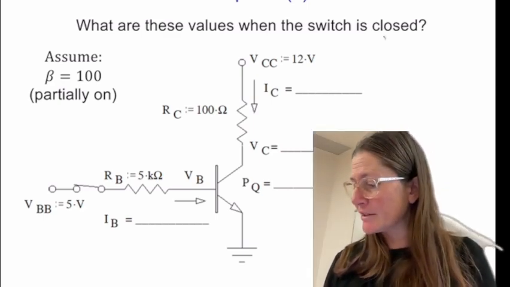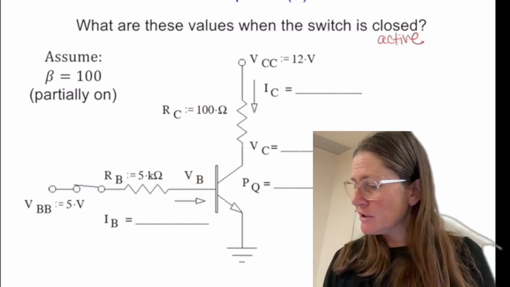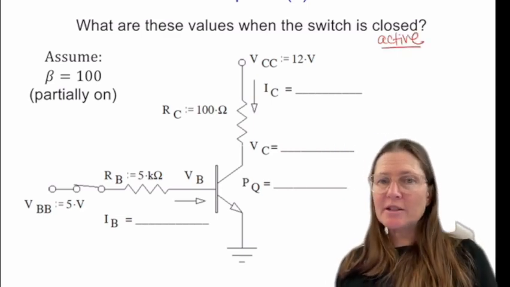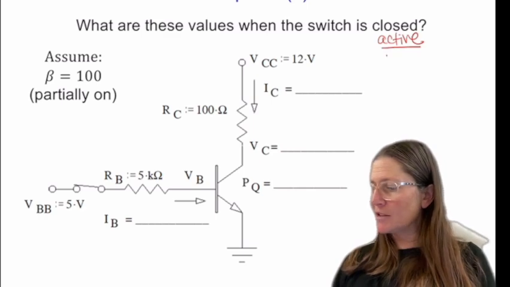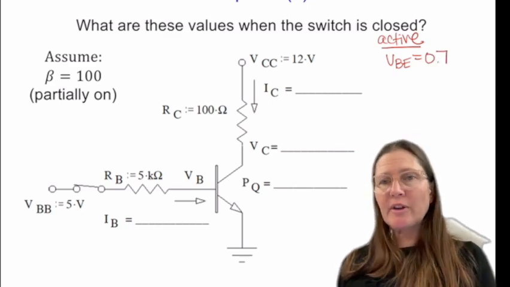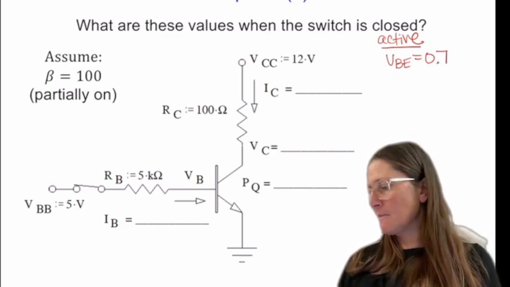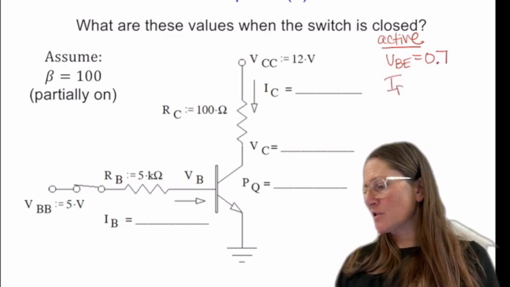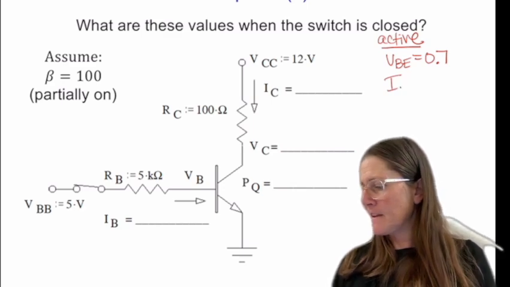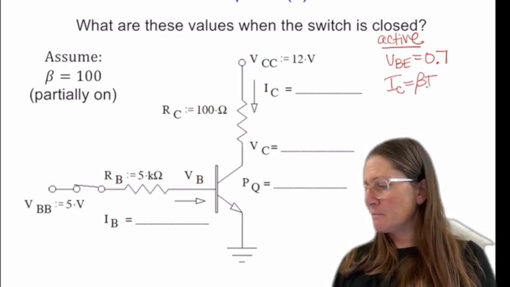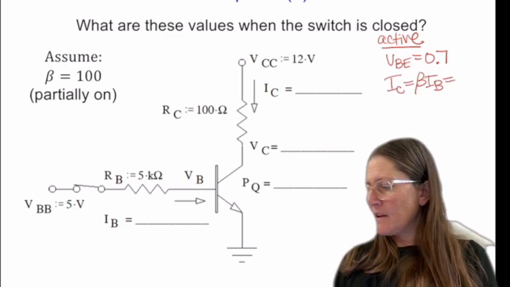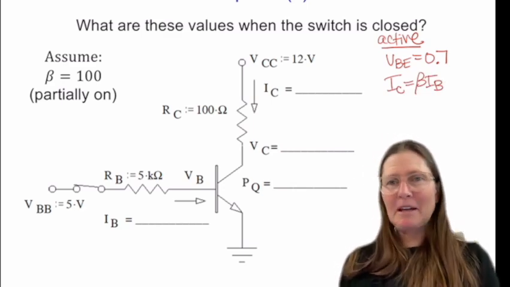Let's do the active region first. So we're going to assume it's active, and when we assume it's active, we can use the equations: 0.7 between B and E, and IC is equal to beta IB. And then, well, we'll just go with that one, it's easier.